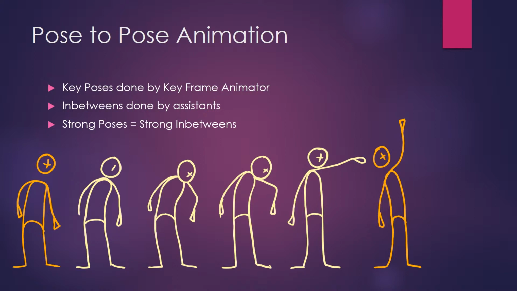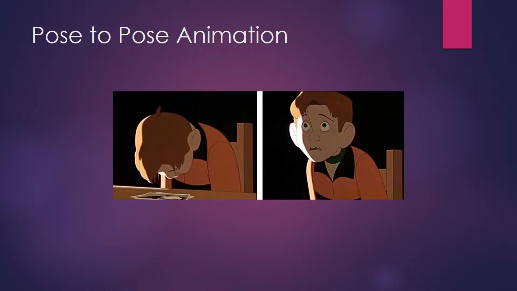You can see this with any action in an animation. Our character's going from his head down to his head up. He looks up. Right? These were possibly the 2 main keyframes. And you would draw these 2 first and then fill in the rest of the frames in between. Again, this allows us to plan out how the action is going to happen. We don't have to figure out every frame in consecutive order.